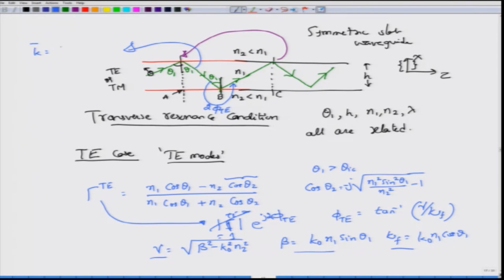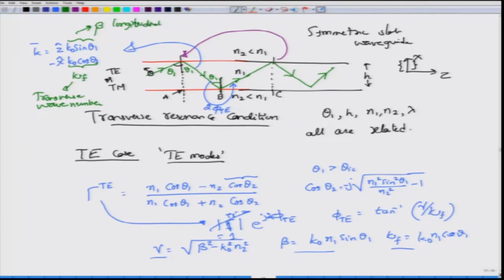Along the z direction the value of this wave vector will be z hat k0 sin theta 1 and along x it is minus x hat k0 cos theta 1, and we have simply labeled this k0 cos theta 1 as kappa f, and we call this kappa f the transverse wave number, and we call this k0 sin theta 1 the propagation vector beta, or sometimes the longitudinal propagation vector.